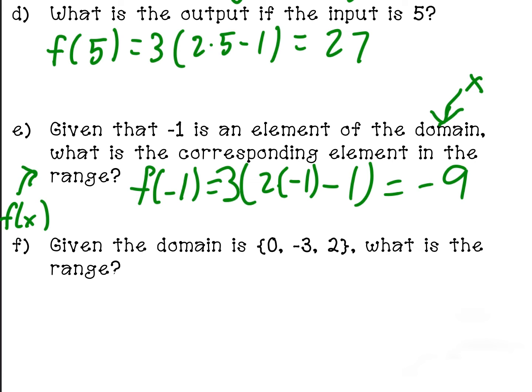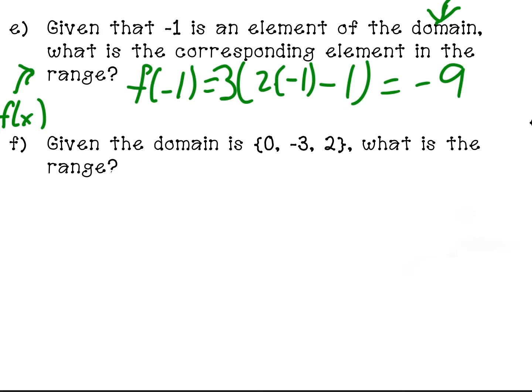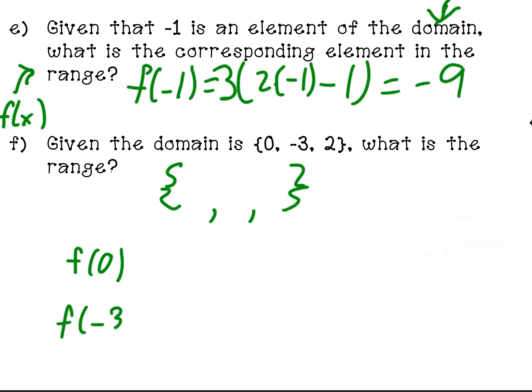For F, we are given the domain of 0, negative 3, and 2. What is the range? So in order to find the set of all values in the range, we have to put in the values from the domain set and figure out what each of them gives us. So f of 0, f of negative 3, and f of 2.